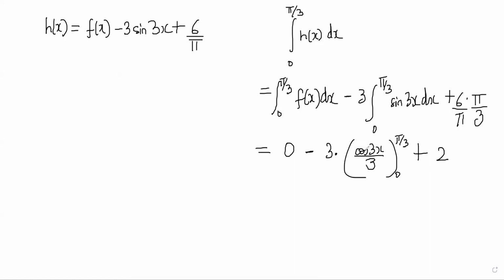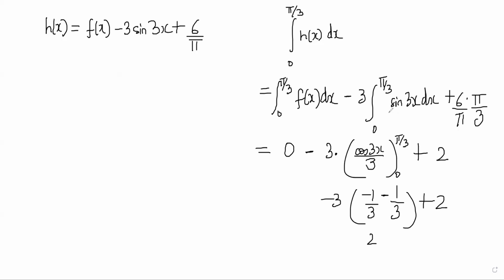So when you put pi by 3, it is cos pi, which is minus 1 by 3, minus cos 0 by 3, so minus 1 by 3 again, and you have a minus 3 outside, plus 2. So this is clearly 2 plus 2, right?